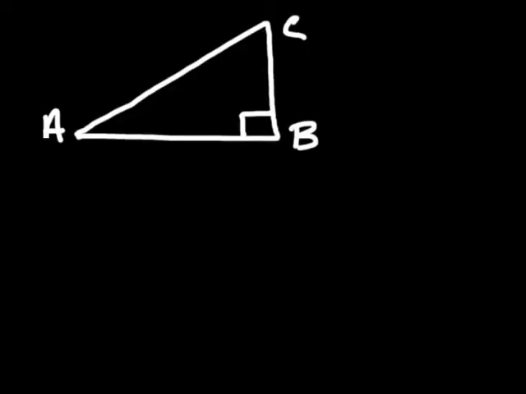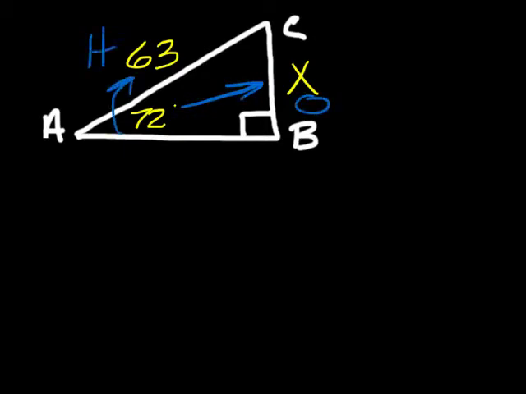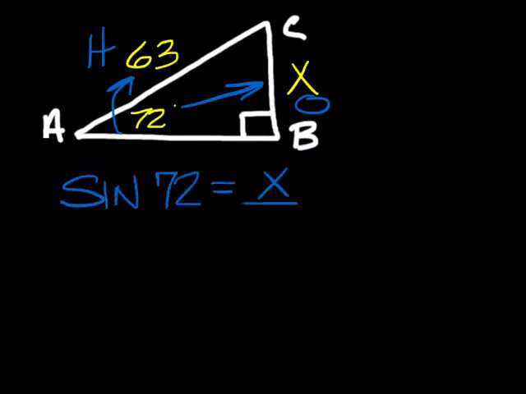Example number 6. In this problem, we know 72 degrees. We don't know this, but we do know this is 63. Label the triangle. This is opposite. This is hypotenuse. That would be sine. Sine 72 equals x over 63.